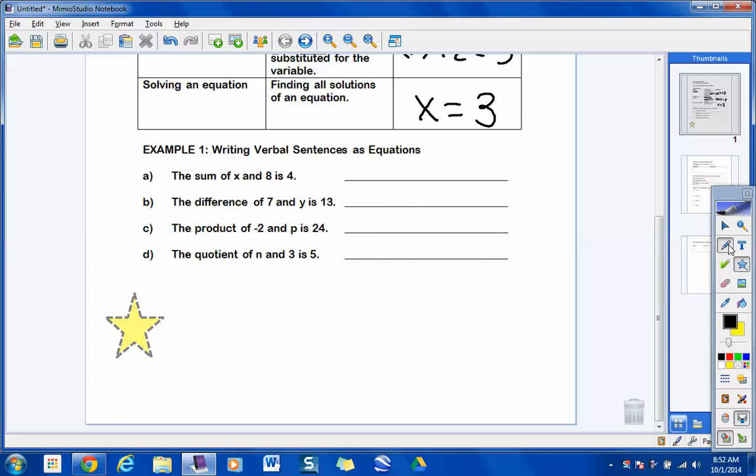This is important. If you ever see the word "is," it typically means there's an equal sign there for that word.